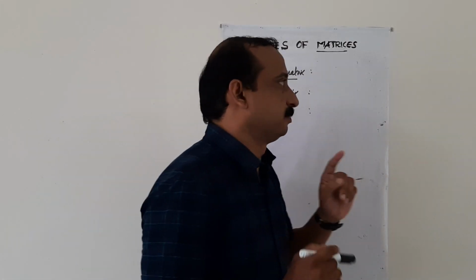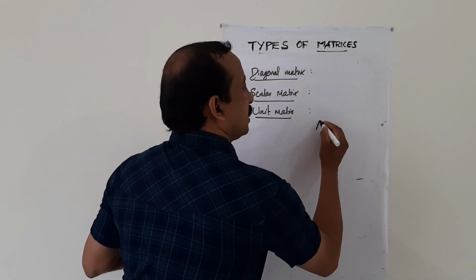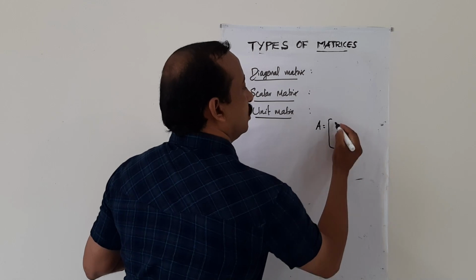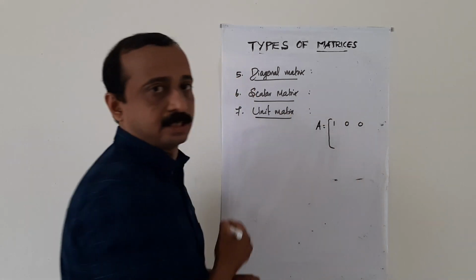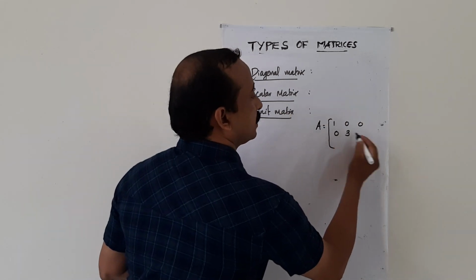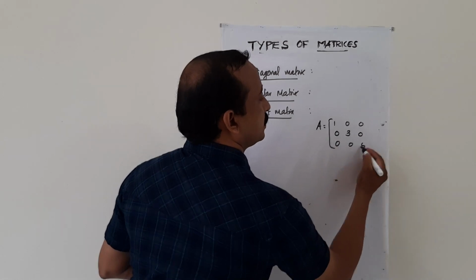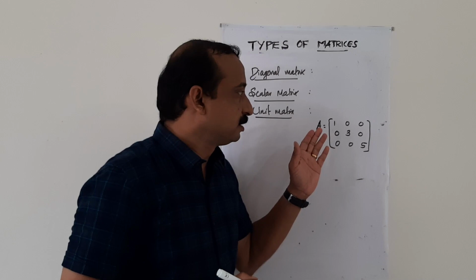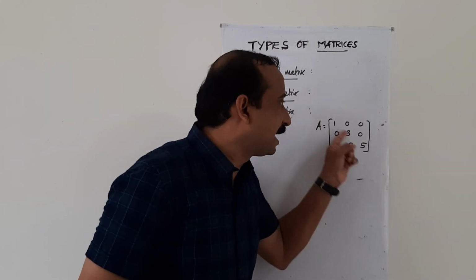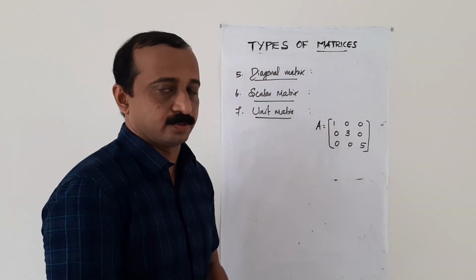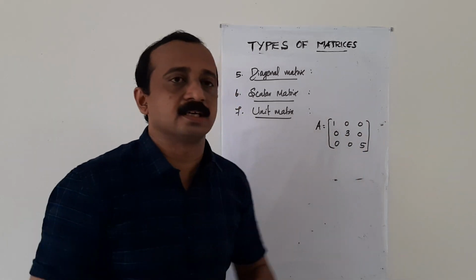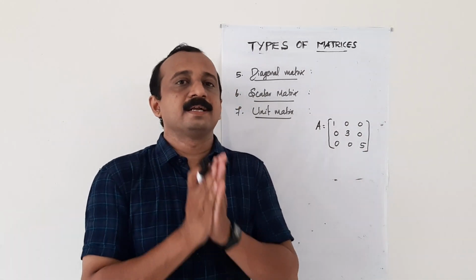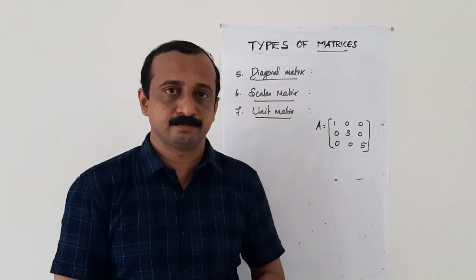For defining the diagonal matrix, I consider a square matrix A equal to 1 0 0, 0 3 0, 0 0 5. In this square matrix, only the principal diagonal elements are non-zero and all other elements are zeros. Such type matrix is called a diagonal matrix.